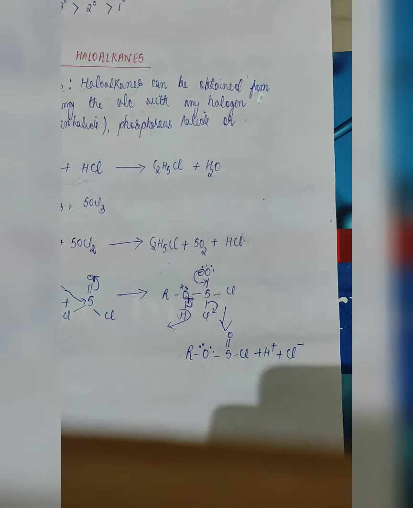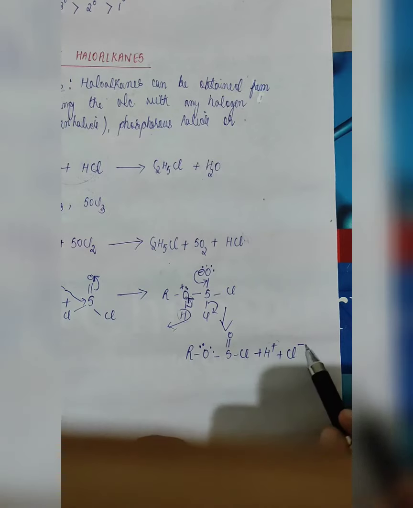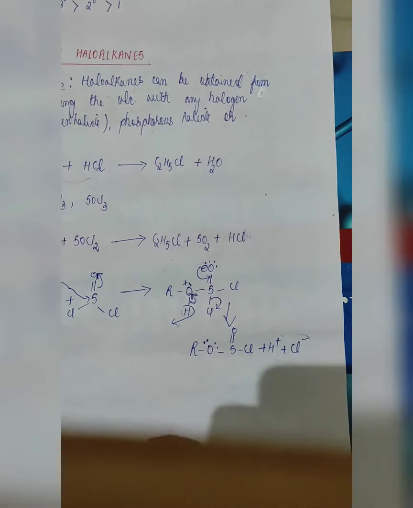Now in your notes, you will not be seeing what happens after the formation of this. After the formation of this, one important role is played by pyridine, which is not given in your notes, but you can see here. We need to remove this hydrogen. Otherwise, this hydrogen will form HCl on reaction with chlorine, and we are not going to get our required product.